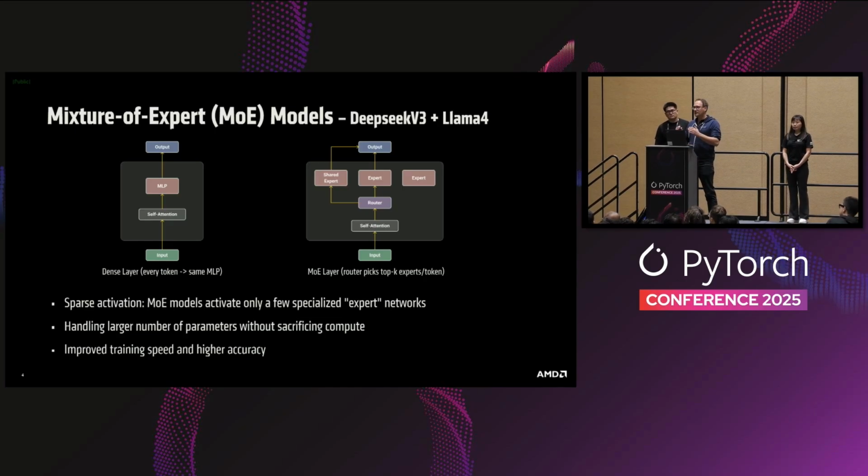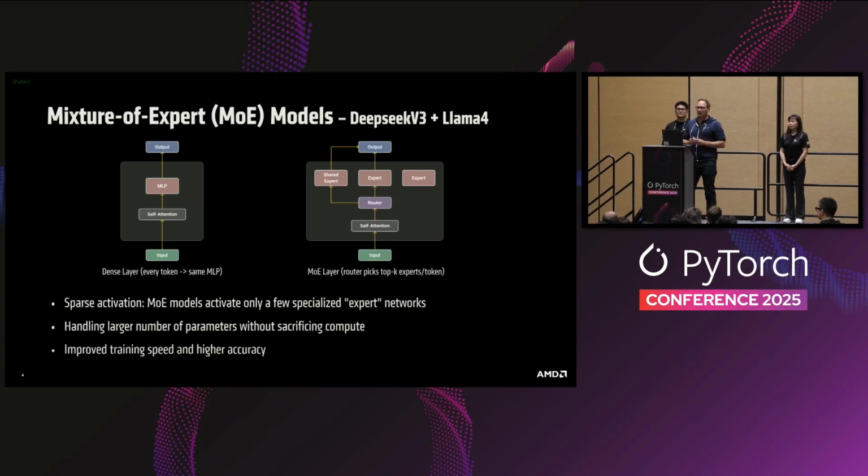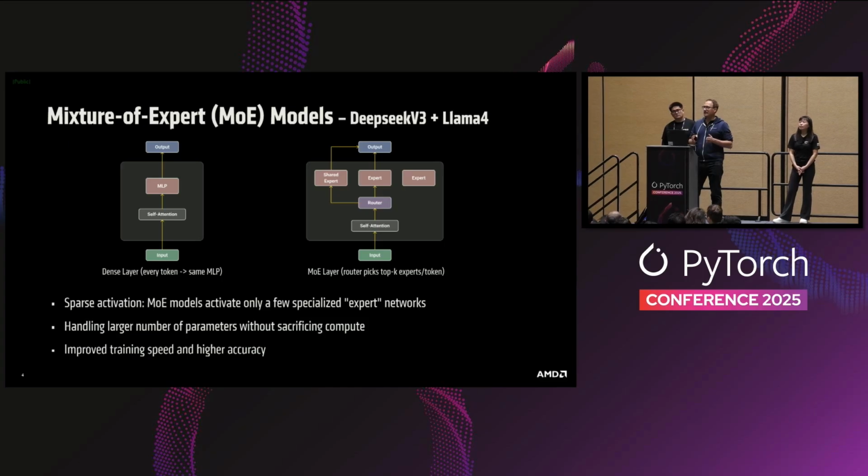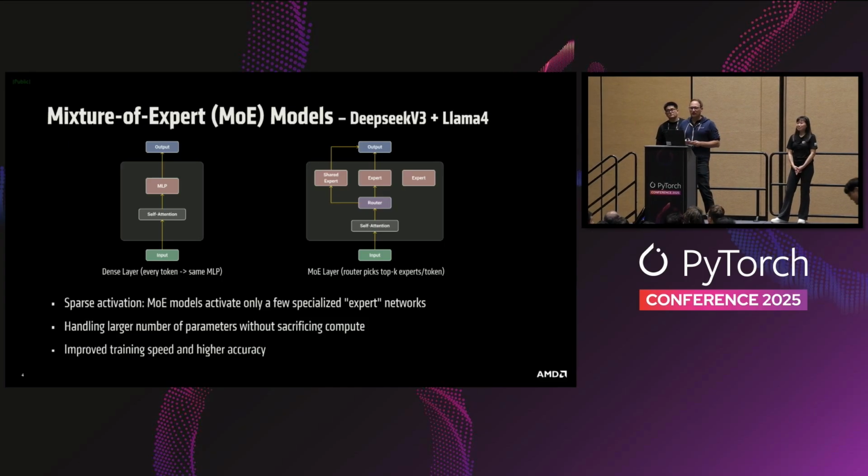Then we have a routing element that decides which expert, which is the small MLP, gets to work on this token, or it might be a subgroup of all the experts. And then there might be a shared expert. That gives us the possibility to handle way larger models with more parameters while still staying within the same compute budget. So the computation will be the same, while the memory footprint can be way bigger. That's improving the training speed as well as the training accuracy, as we have seen in the last year.